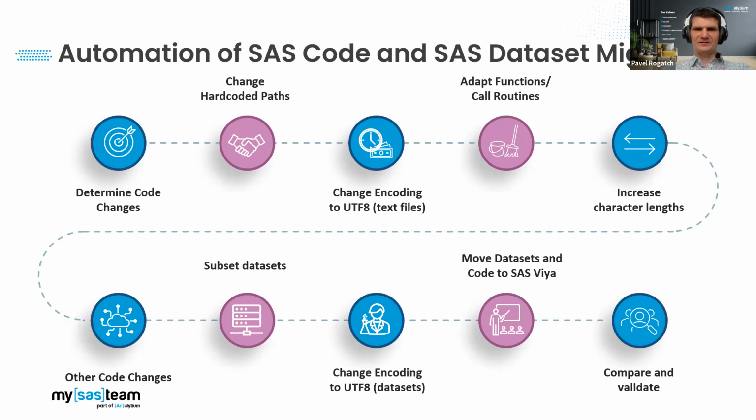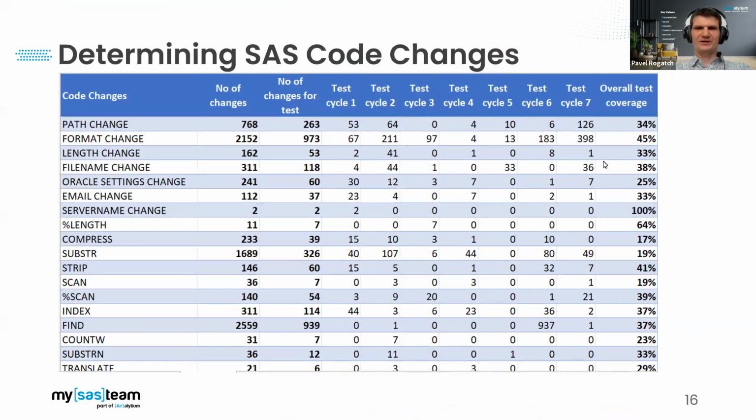And the next slide shows an example of this first stage when we analyzed all SAS code files and received a list of all necessary changes in all SAS code files. So this is just an example. And you can see what changes need to be done and how many changes.